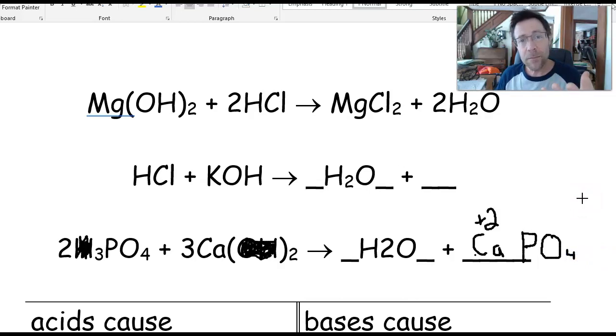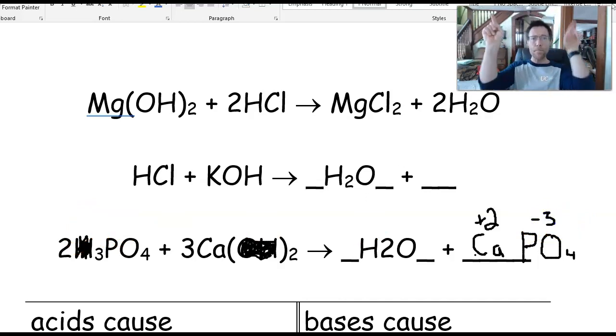I don't remember or know what the PO4 charge is, but what I do know is that each hydrogen has a charge of +1. There are 3 hydrogens in all. How much positive charge do I have? Well, 3 hydrogens, each is +1. I have +3 in all. So if this is +3, the PO4 has to be -3. See how that works?